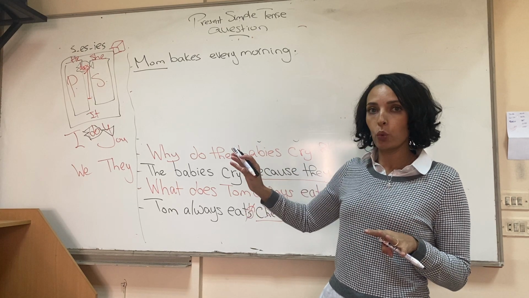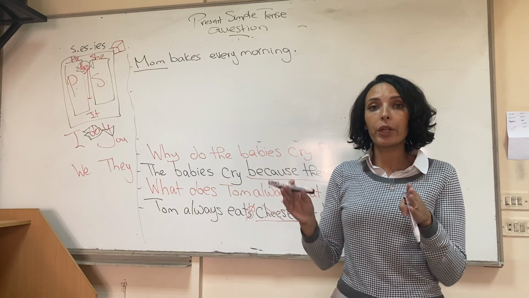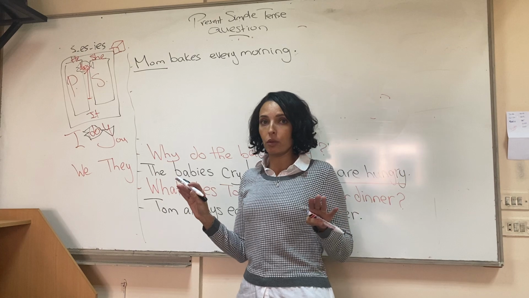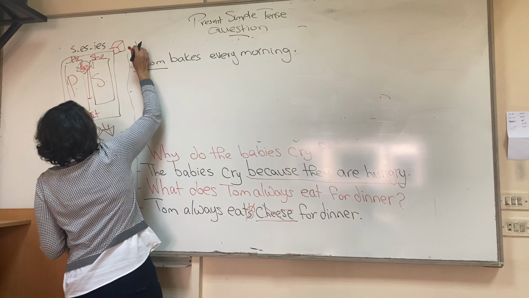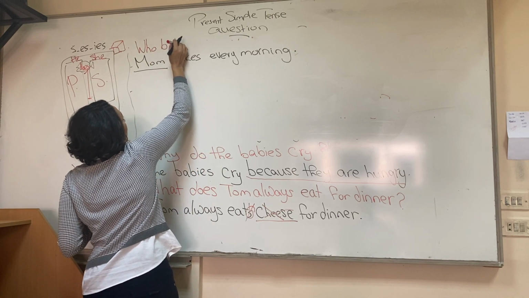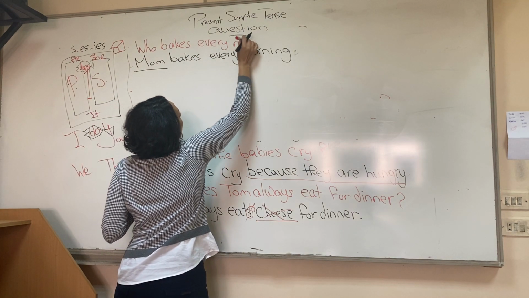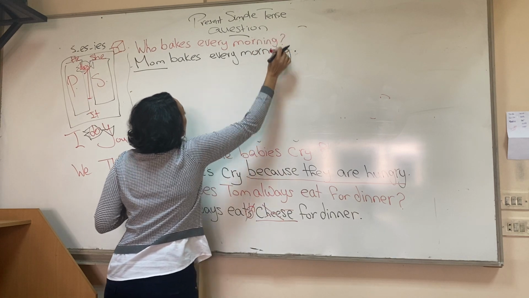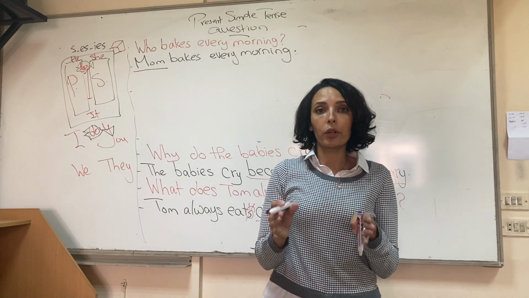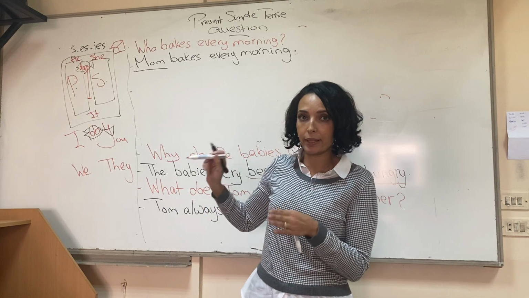I use who. So what's different about this one? After who, I'm going to copy the sentence as it is. I'm not going to use any fish, okay? So I will write who bakes every morning. Again, if you're using the question word who, you are going to copy the sentence after it as it is, of course after crossing what you are asking about.